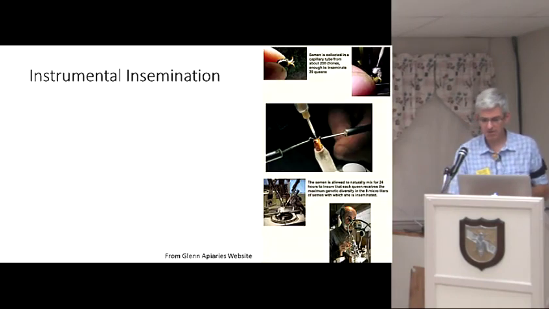I was going to show this interesting, fascinating image. It's kind of hard to see, but at the top you see the collection of sperm from 200 drones. This is when they do this artificial or instrumental insemination. I was wondering how many drones they use. Well, they use hundreds of them, so they get a lot of diversity. And they also select the drones.